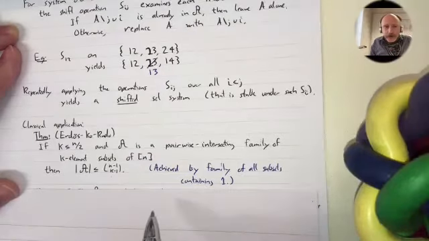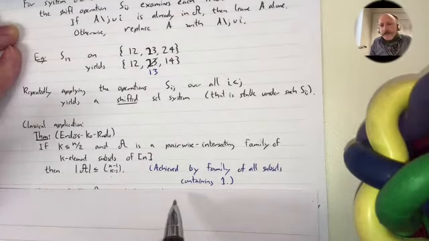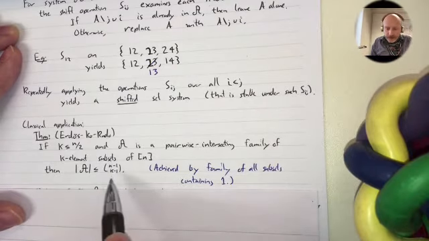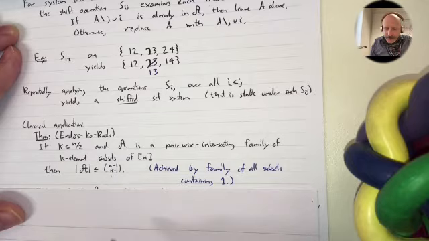You take the family of all subsets containing, say, 1. That has n-1 choose k-1 sets in it, and it's certainly pairwise intersecting.